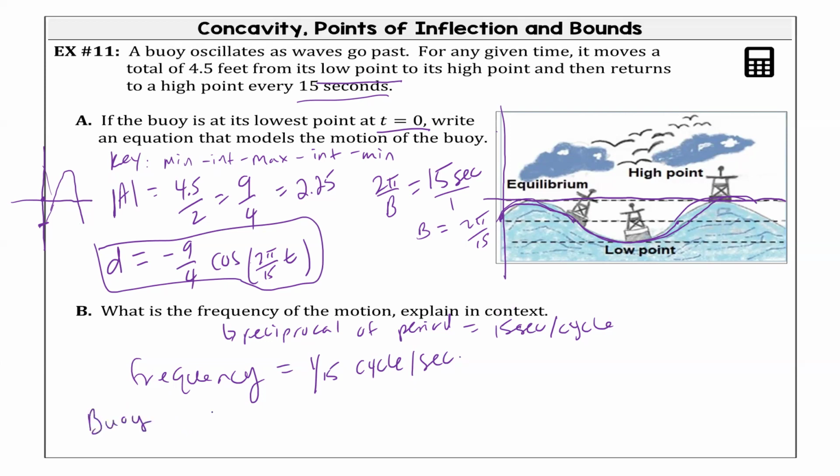So the buoy moves 1/15 of the distance per second. Okay, so that's describing that.